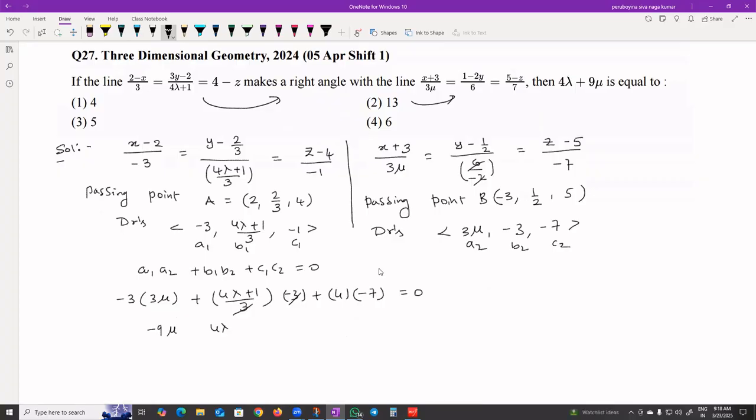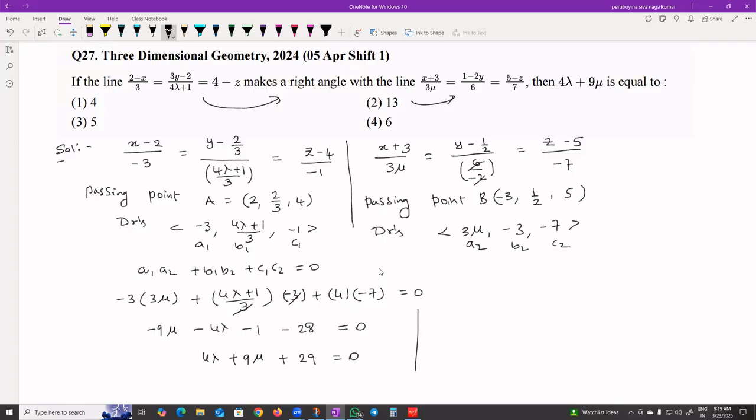If you multiply with minus, then minus 4 lambda minus 1 minus 28 equal to 0. Overall, we can delete that minus. Then you can see 4 lambda plus 9 mu plus 29, because we are deleting minus overall, equal to 0.